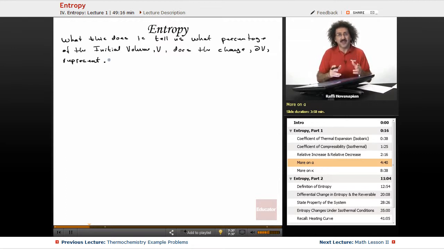Well, what's nice about this, when we actually divide by the initial amount to get a relative increase instead of just a normal increase, is that it doesn't matter how much we start off with. In the first example that I gave, I had 10 go to 11, that's a 10% increase. Well, instead of 10 milliliters of that particular solution, what if I had 100 milliliters of that solution? It's the same solution, so it's going to behave the same way.